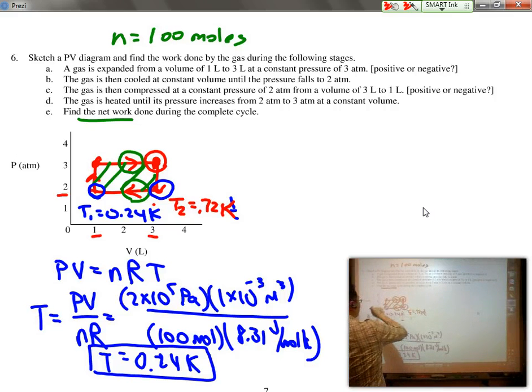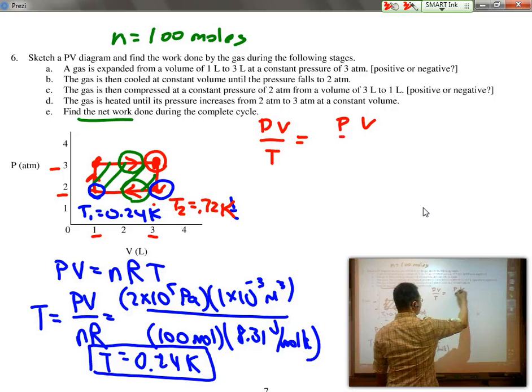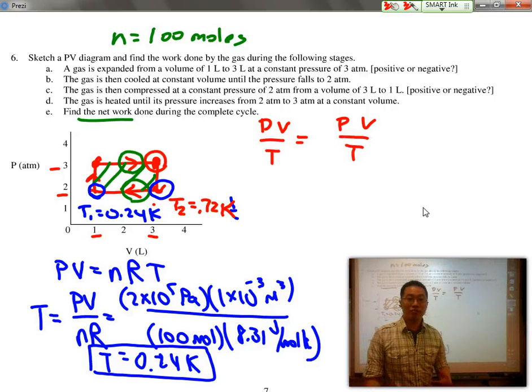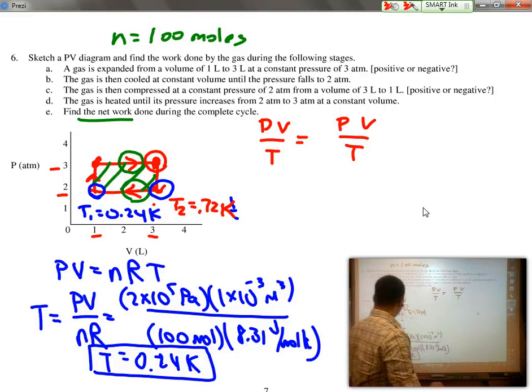The original pressure was 2, the new pressure is 3. I'm going to do PV over T equals PV over T. You have to ask yourself, by what factor have these different values changed when you compare the very beginning to the very end?